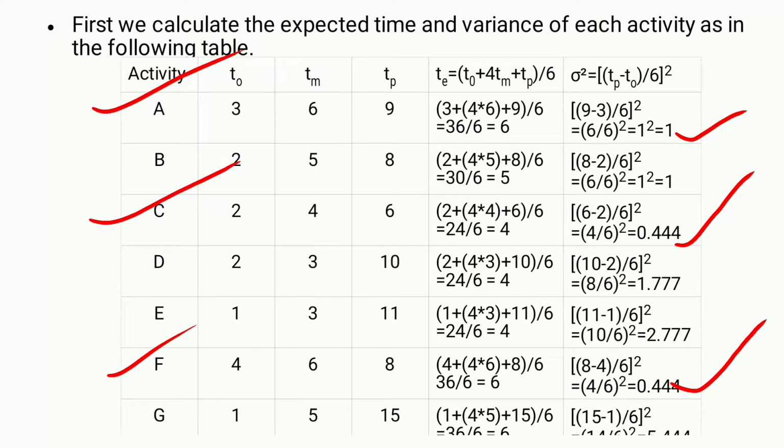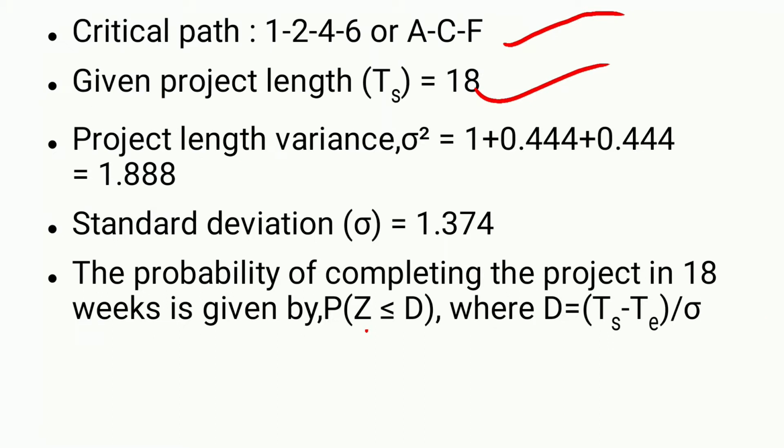By adding all these three, we will get sigma square equal to 1.888. In the same way, standard deviation means square root of 1.888, that is 1.374.